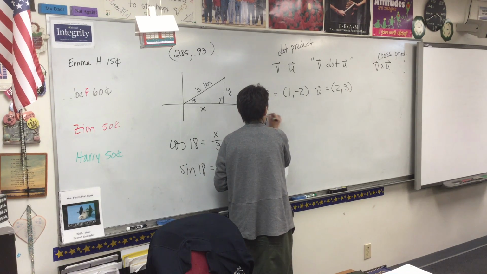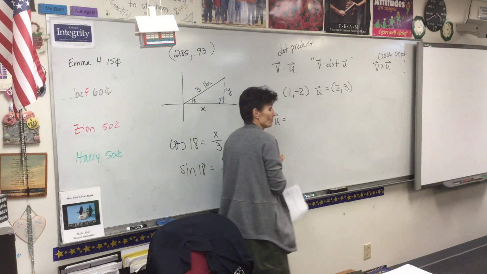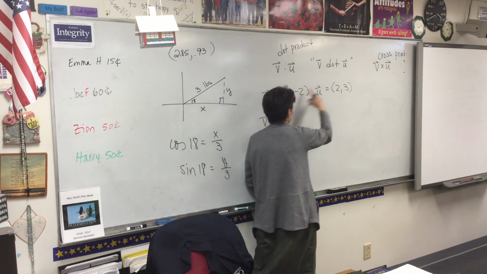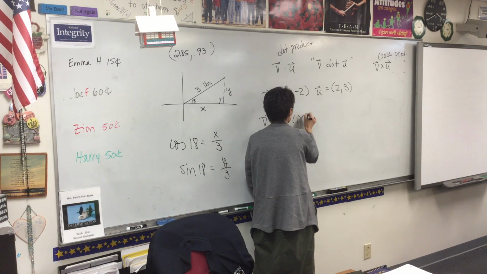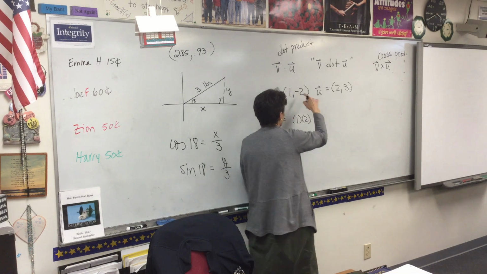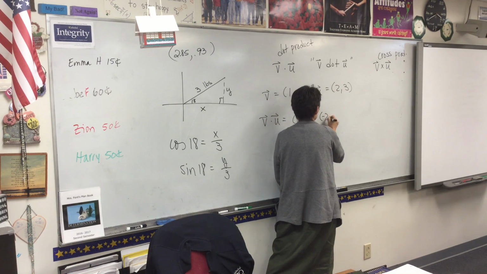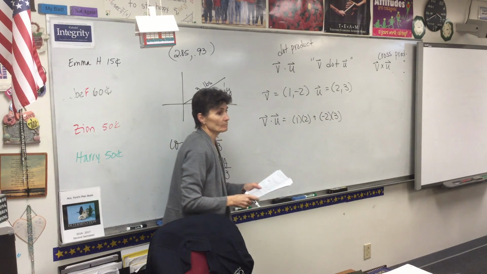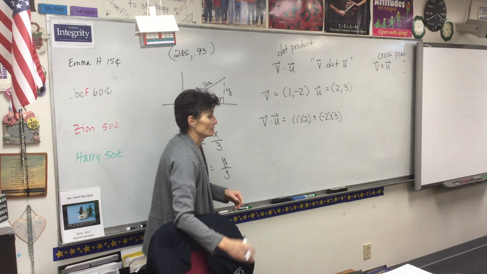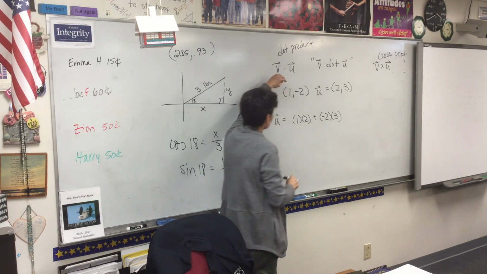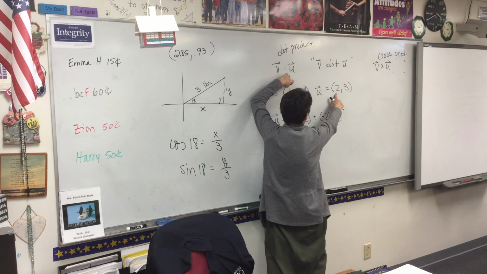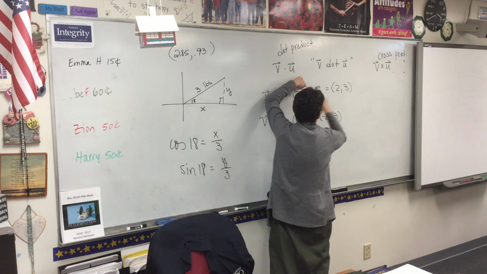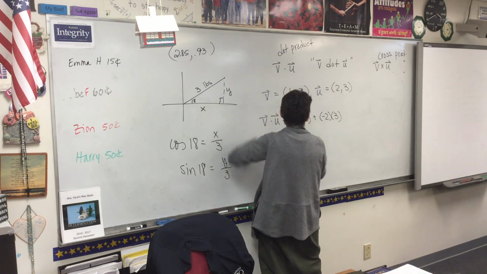To find the dot product, v dot u, we take 1 times 2, and negative 2 times 3, and we add them up.